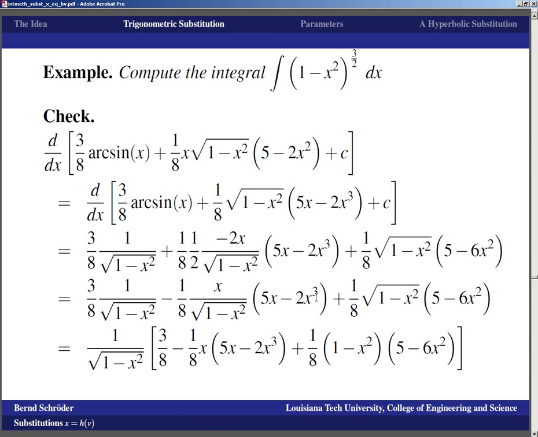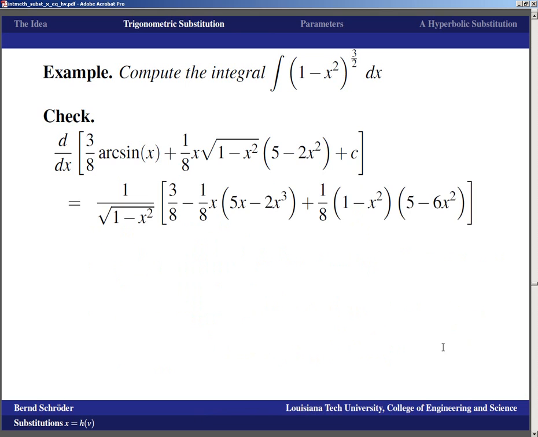And from the third, we essentially have the square root of 1 minus x squared, squared divided by the square root of 1 minus x squared. The division comes out, and what remains is 1/8 times the square root of 1 minus x squared, squared, which is 1 minus x squared by itself, times 5 minus 6x squared.